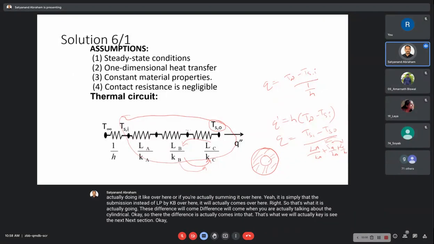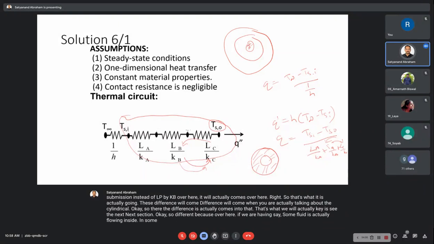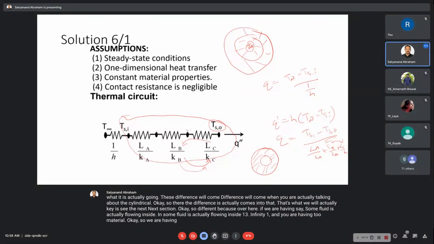Okay, the difference comes because over here, say some fluid is flowing inside, say T infinity one, and you are having two materials. So here you can see that even though it is in series, the cross-section area is increasing.